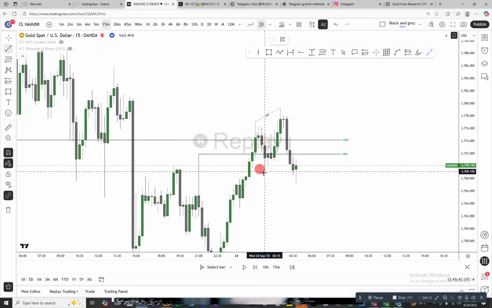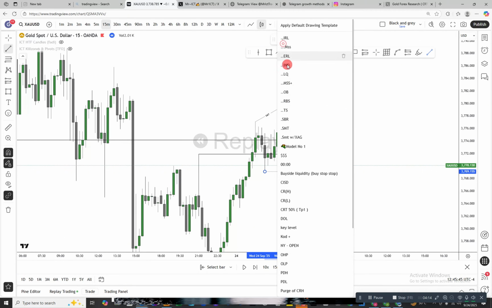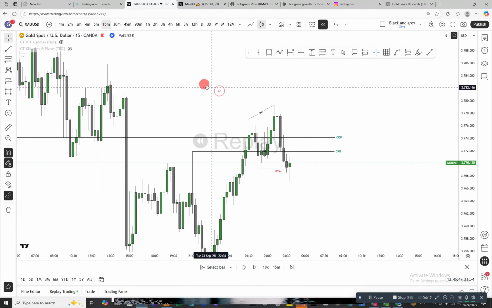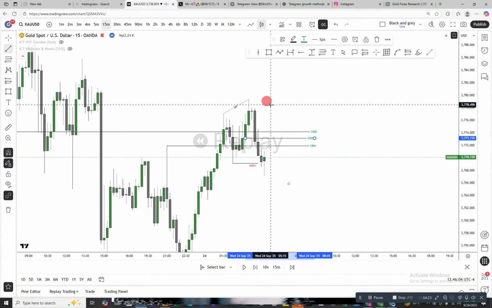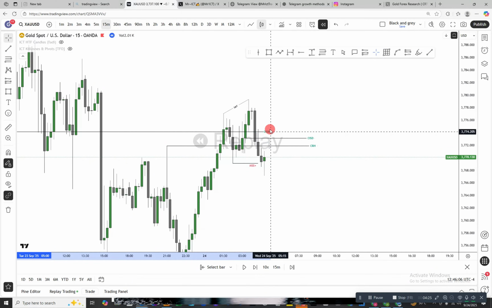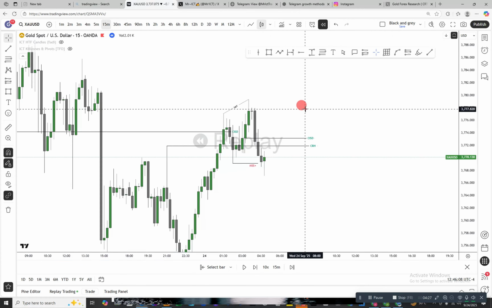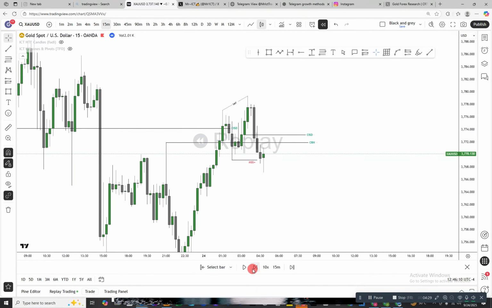I marked this breakout as a market structure shift. I was clearly waiting for price to hit this CISD in the lower time frame. This was the higher time frame CISD, and this is the lower time frame CISD.